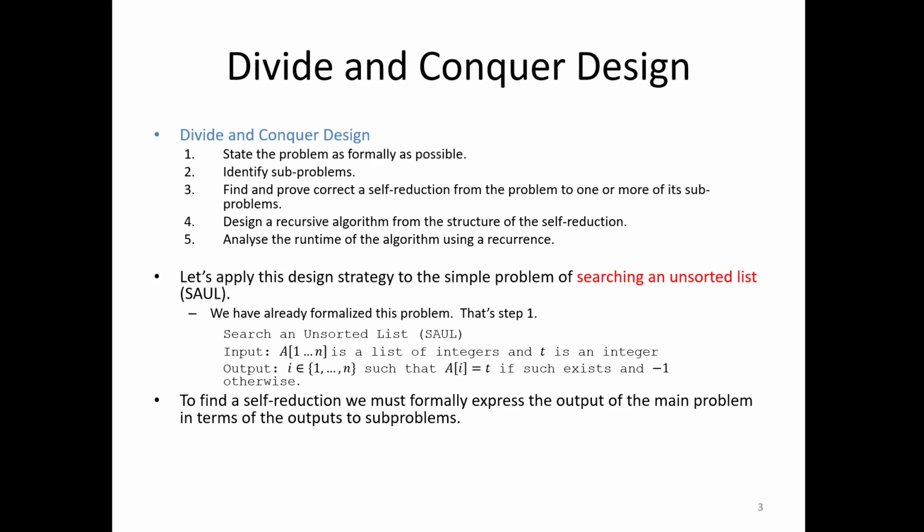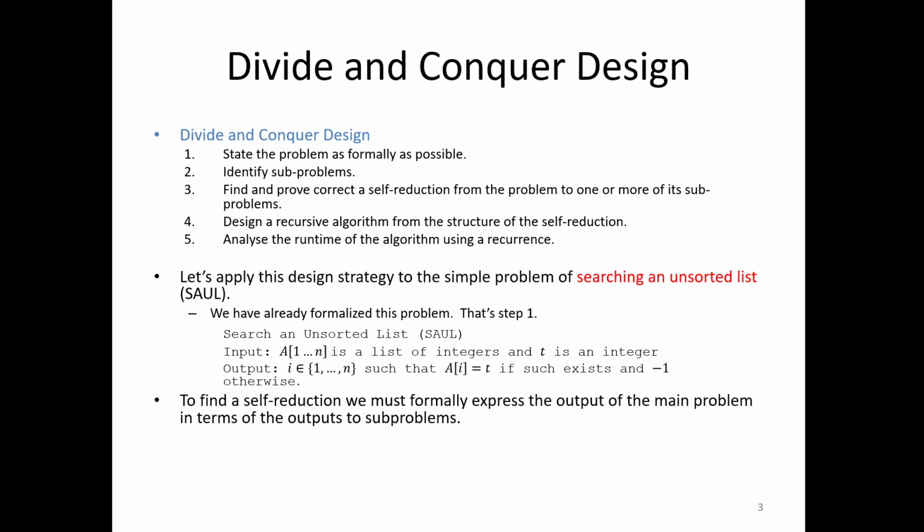Let's take a look at each of these steps in turn. The first step is actually a very important step. It says here, state the problem as formally as possible. The notion of formalism here is the idea of using mathematical formalism, the tools of mathematics, maybe the language of set theory, as we see down here below in this problem we've already stated.